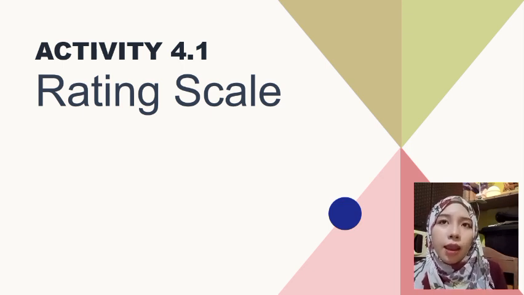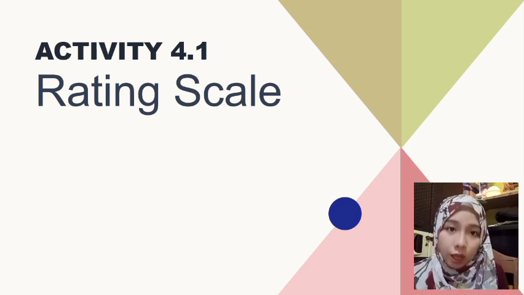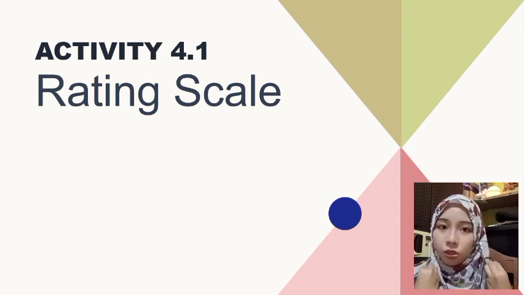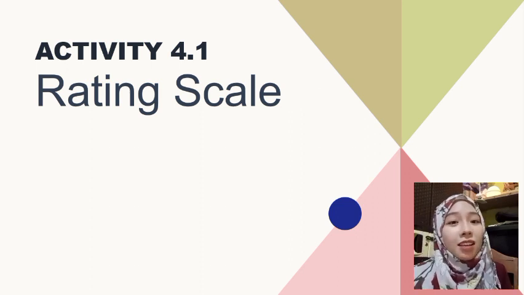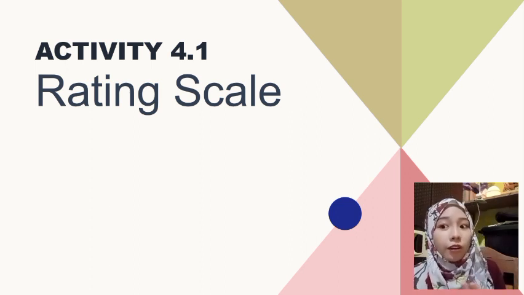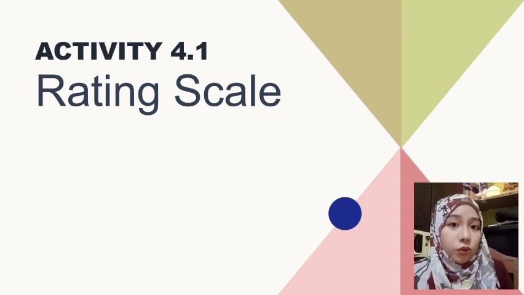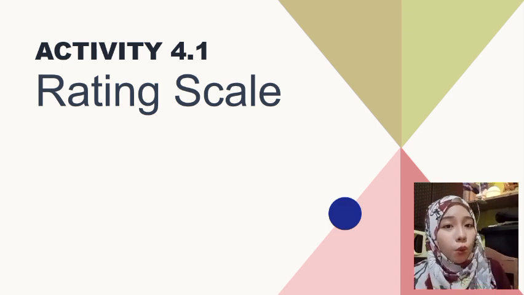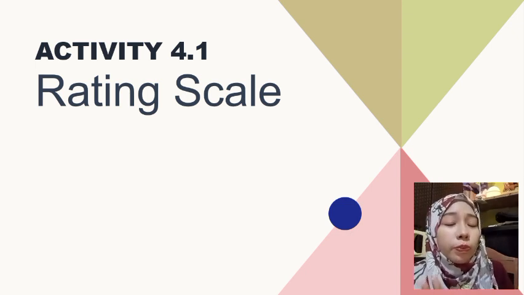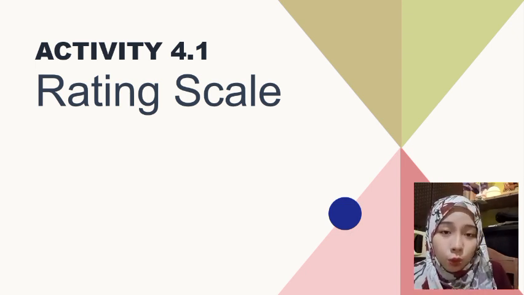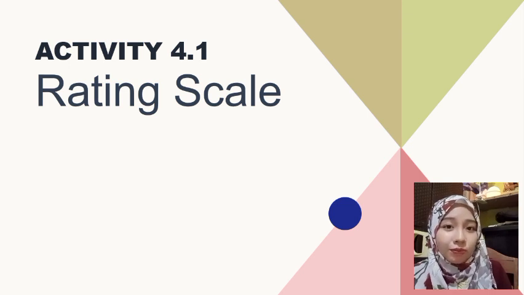Or let's say an attitude towards something, your perspective towards something. It is one of the most established question types for online and offline surveys. Yes, we are very familiar with rating scales. Later on, I'm going to show you examples. It is one of the most established question types for online and offline surveys where survey respondents are expected to rate an attribute or feature.